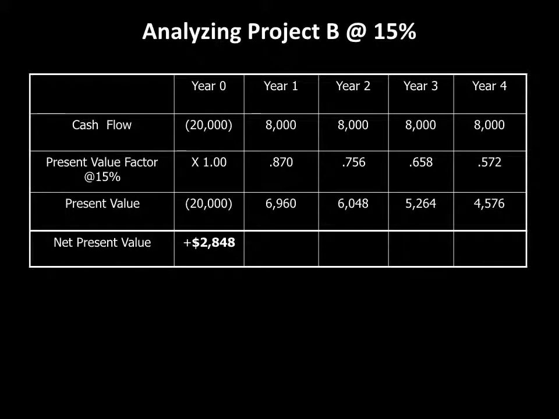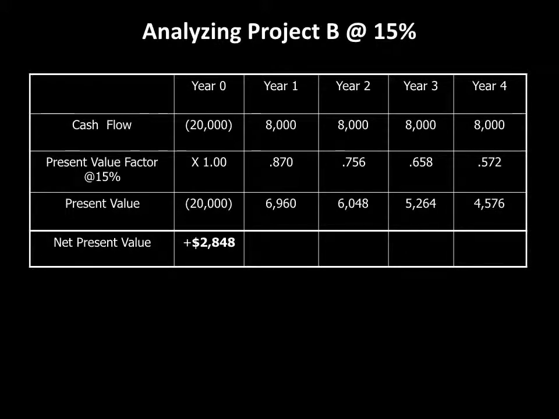So one of the ways we can convert those future dollars to present is to apply a present value factor. There are tables that provide you the different present value factors where you have to look up the year and the interest rate that you use.